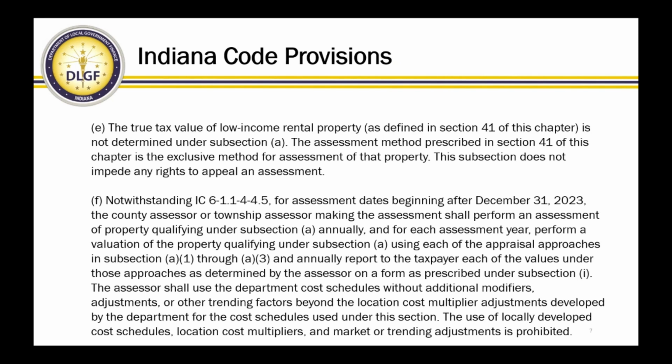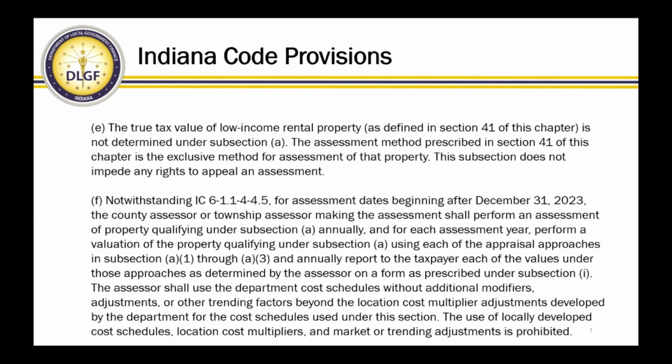So part of this response is that for the January 1st, 2025 assessment date, we did update the cost schedules by changing what's called the verified economic modifier, the VEM, from 70% to 100%. And by doing that, there were several property types that had changes in their replacement cost new less depreciation because of that cost schedule change.